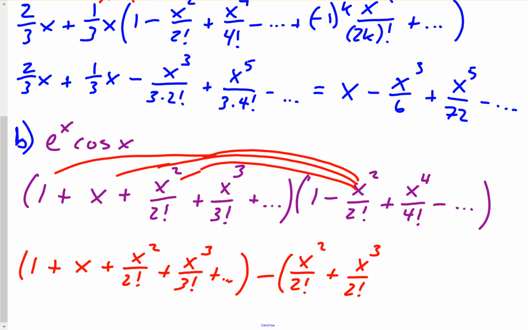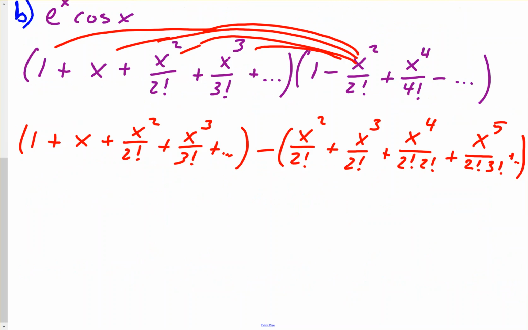And then next we would have x squared times x squared is x to the 4th over 2 factorial times 2 factorial. Next we would have x squared times x cubed, x to the 5th over 2 factorial times 3 factorial. So on and so forth. Next, we will multiply everything in the first series by x to the 4th over 4 factorial.